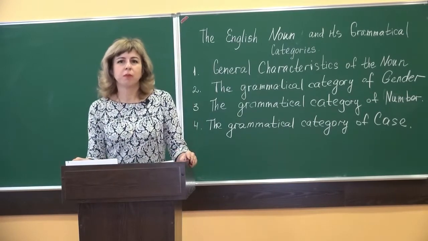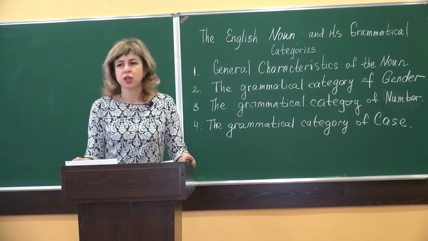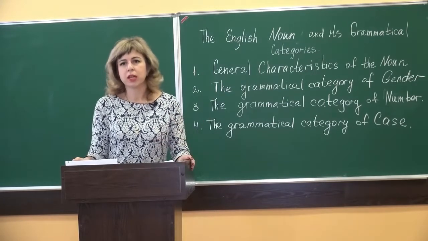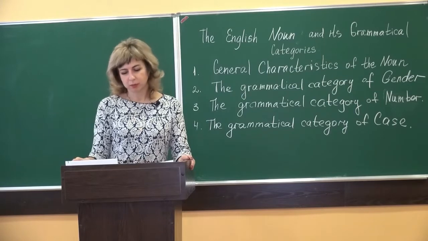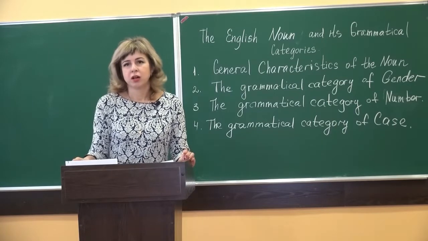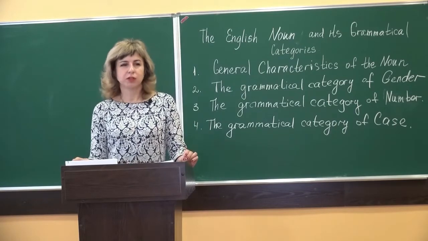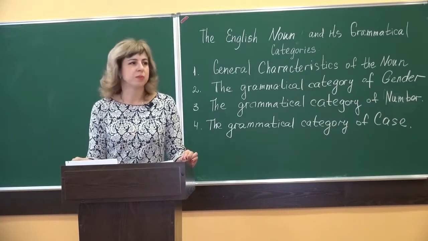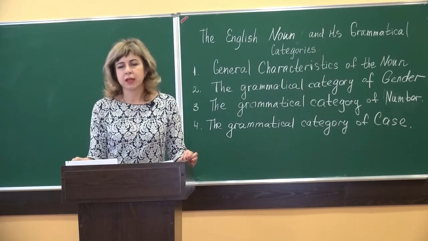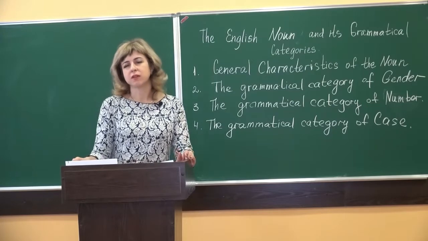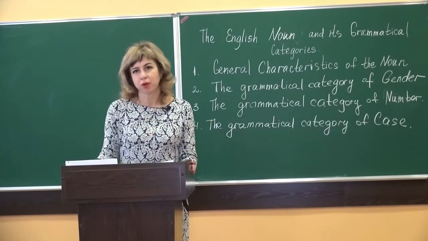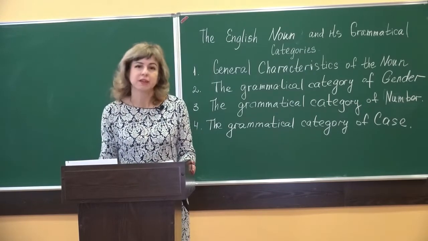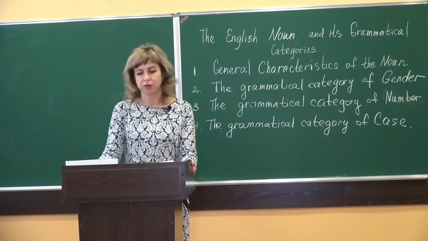The plural form is the strong member of the opposition, and the singular one is the weak component of the opposition. The formal marker of plural is the plural ending, which is constituted by a number of phonetically and grammatically conditioned allomorphs.